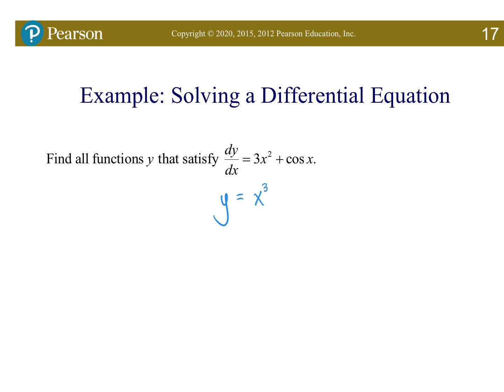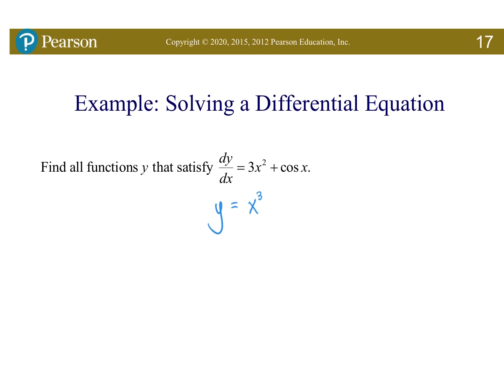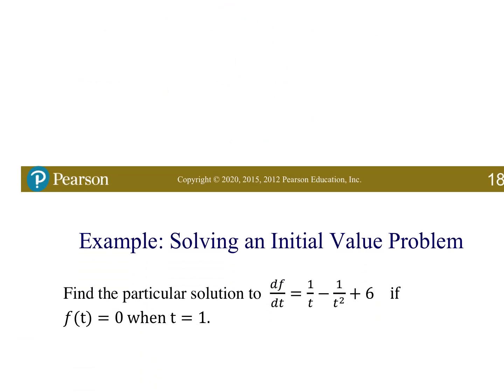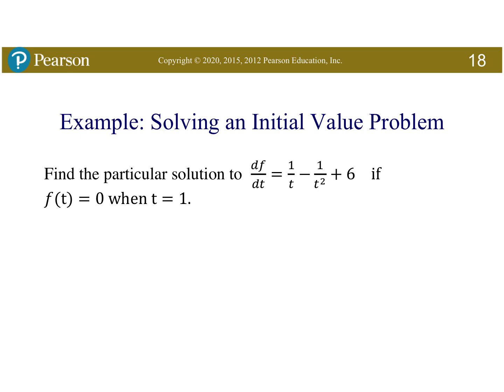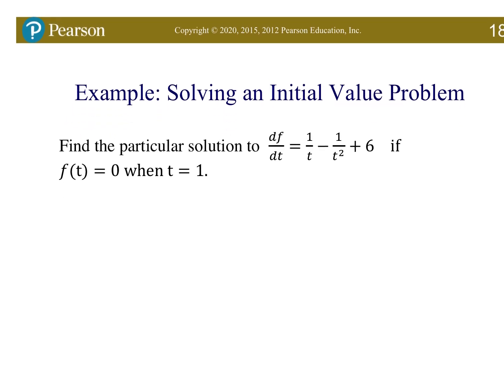It's an antiderivative. And we can change cosine x into what antiderivative? Positive sine x plus c. That's the end. The only time you have to go farther is when they give you numbers.